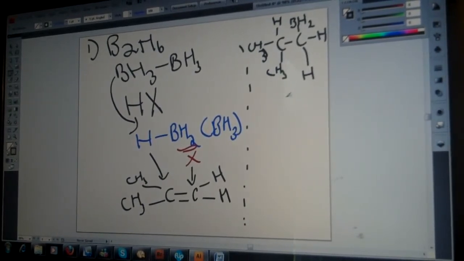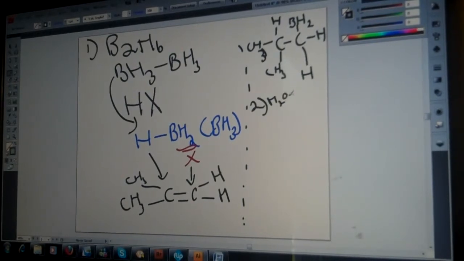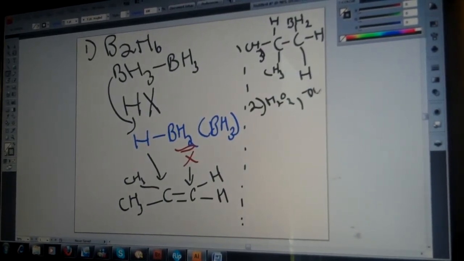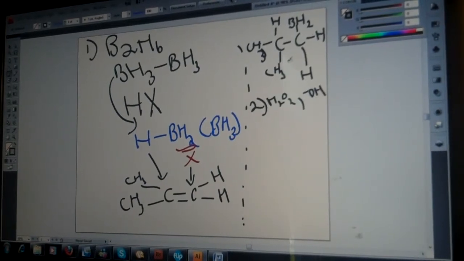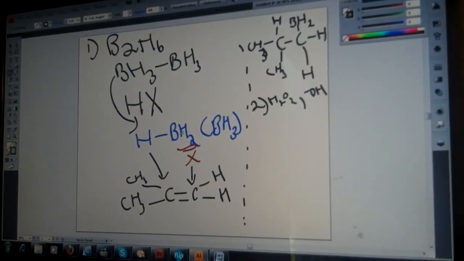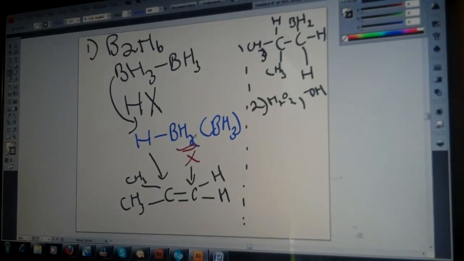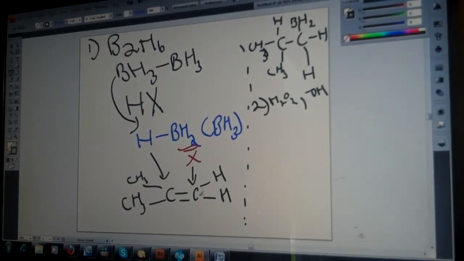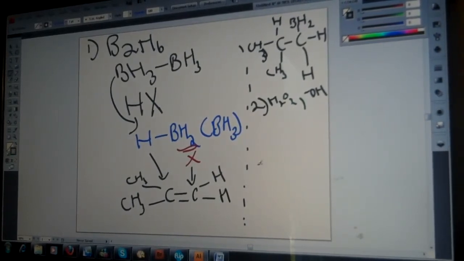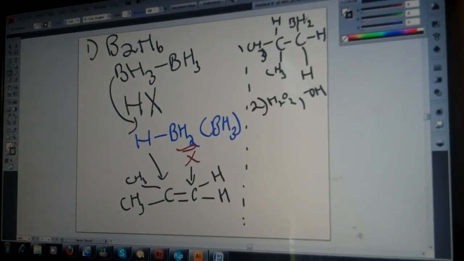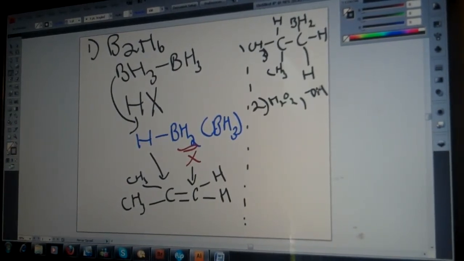And then in the next step, remember that in step 2 they just showed that the peroxide is present. So all you have to do is know that this is present so that you know it's anti-Markovnikov. But what they wanted you to use here is the hydroxy group. So after you have this formed from the anti-Markovnikov addition, with the BH2 acting as the halide group added to the carbon with the most hydrogens, what you then do is replace the BH2 with the OH.